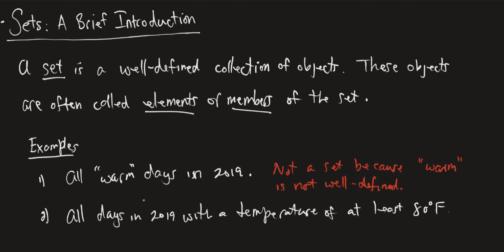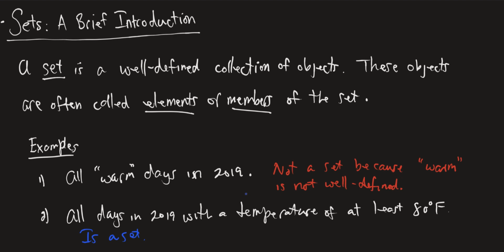Now that is a set. It's a set because I know exactly what it refers to. This is a collection of days, and this set is referring to all the days where the temperature was at least 80 degrees Fahrenheit.